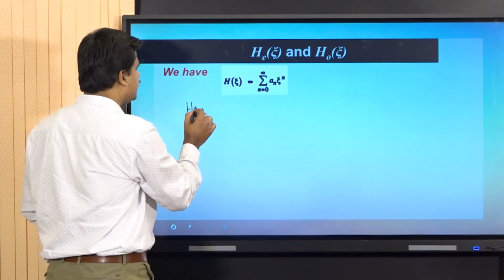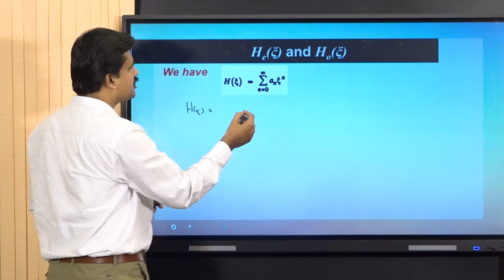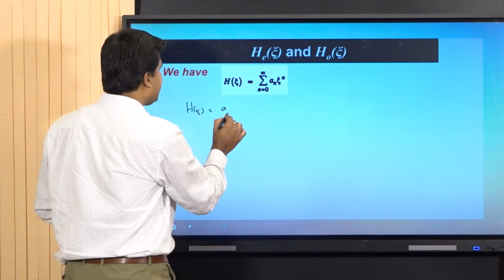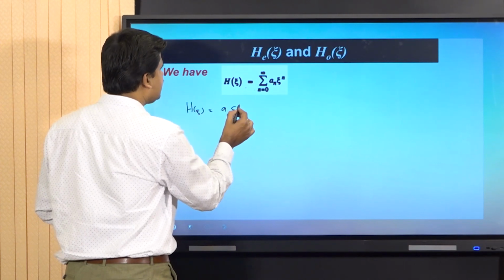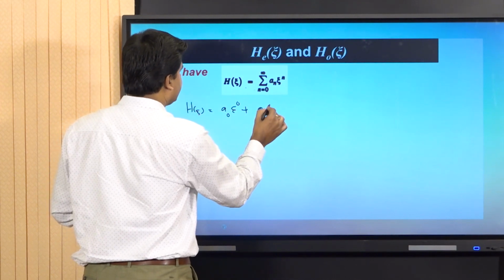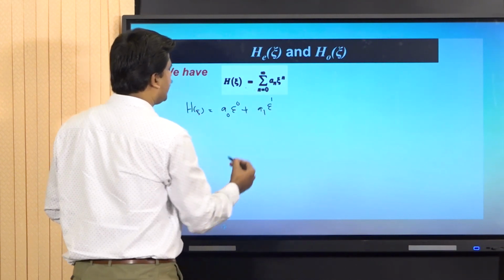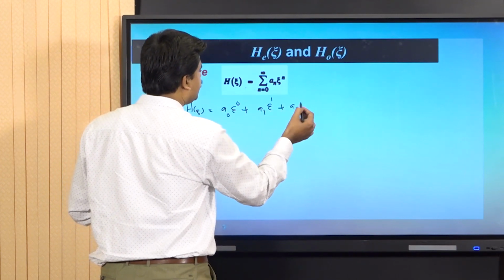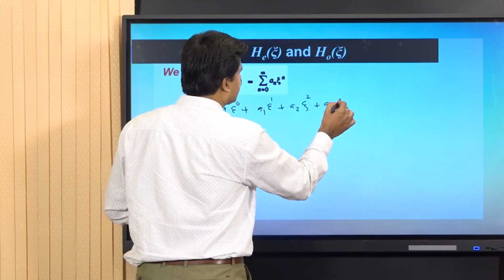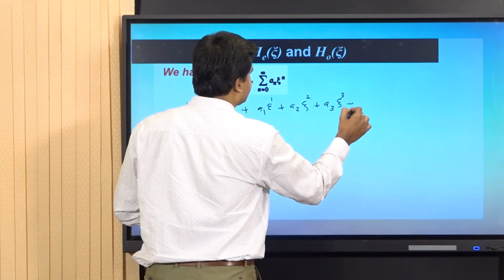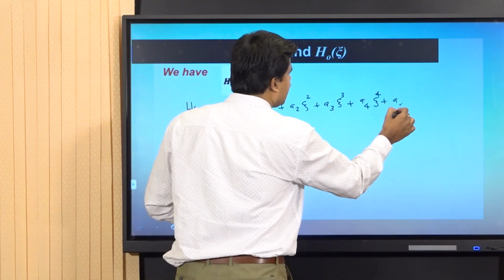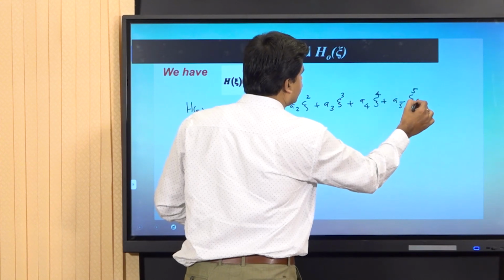H psi is equal to, now we can put n is equal to 0, 1, 2, 3, etc. A0 psi raised to 0 plus A1 psi raised to 1 plus A2 psi raised to 2 plus A3 psi raised to 3 plus A4 psi raised to 4 plus A5 psi raised to 5 plus etc.